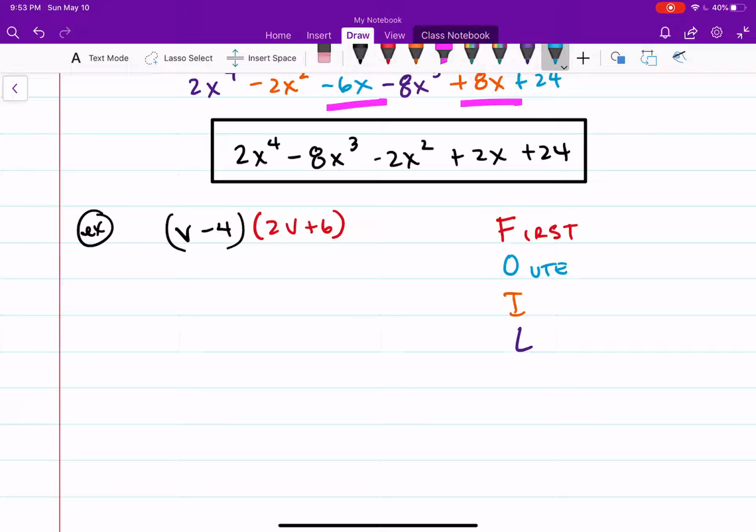Outer, that means the outer pieces. Inner, that means the inner pieces. And then last means the last term in each group.